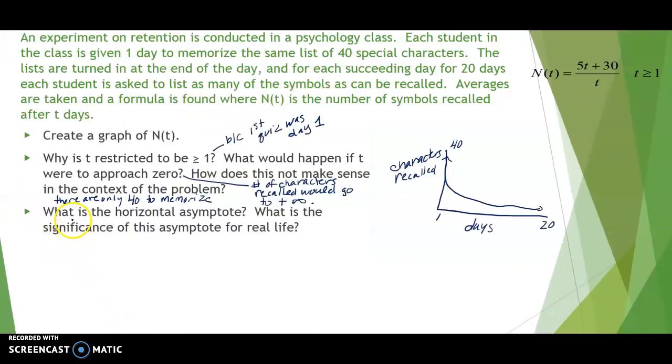So then we look back here, and it says, what is the horizontal asymptote? To find the horizontal asymptote, we need to look at the equation, and in the equation we're going to compare degrees. So degree here is 1, degree here is also 1. Both to the first power. So from that I observe that the degrees are equal.